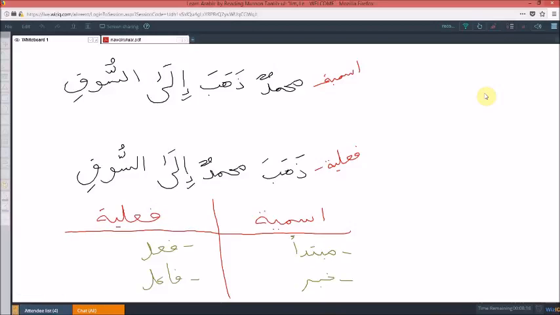Now, Muhammad here in the first sentence, our jumla ismiya. Muhammad is the mubtada. We said Muhammad. Right? That's a mubtada, that's a noun. And the mubtada, as we're going to learn in the future, or we already learned it, but we're going to review it, is always marfu'.